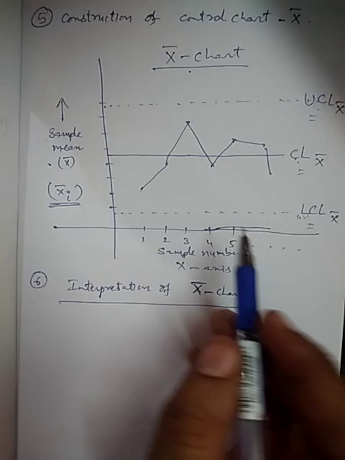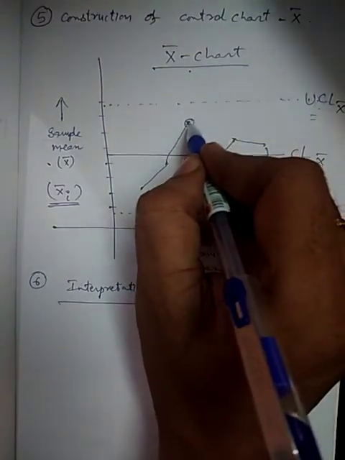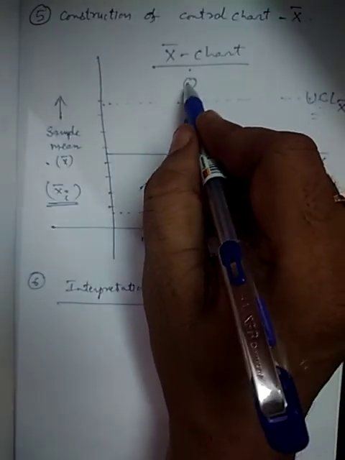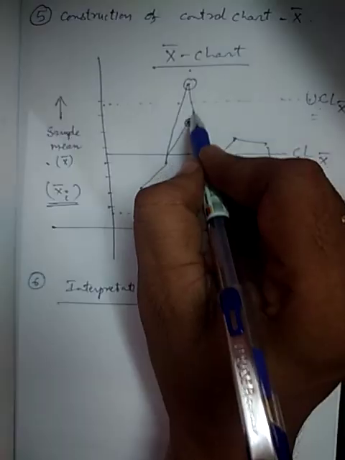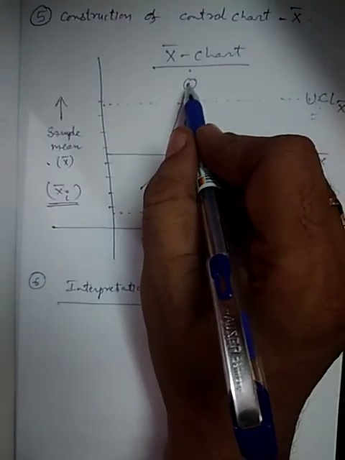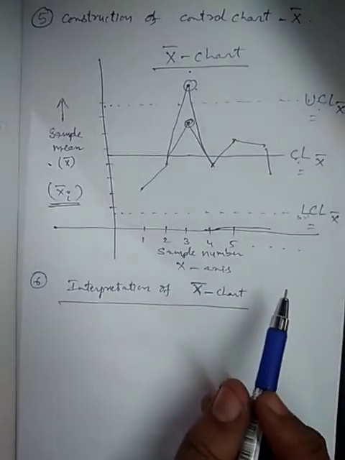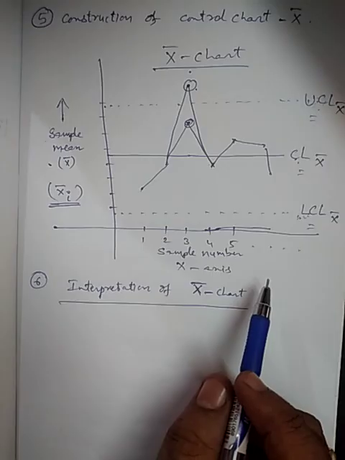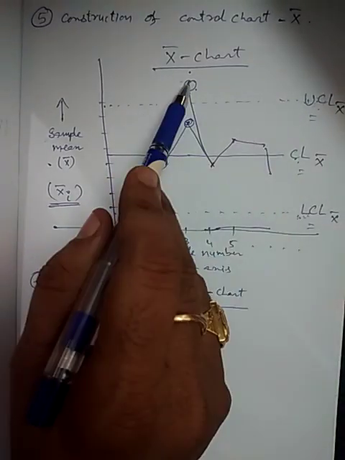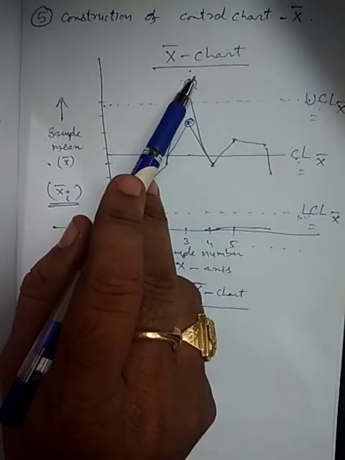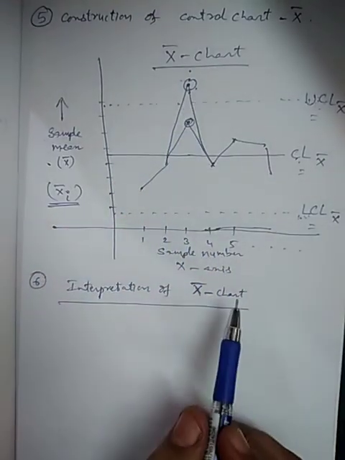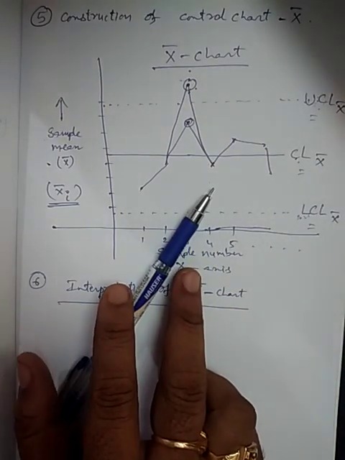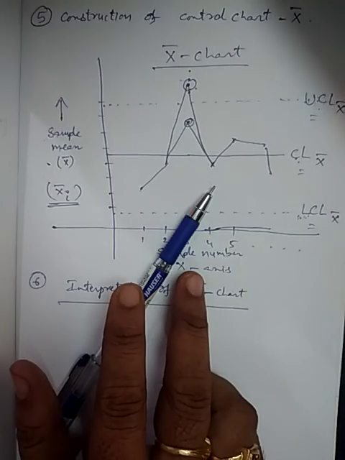If any of the points falls outside, for example, the third point, if this is the point, then you join these points, and the process is said to be out of statistical quality control. If a single point falls outside the control limits UCL and LCL, here above UCL, then the process is said to be out of statistical quality control.